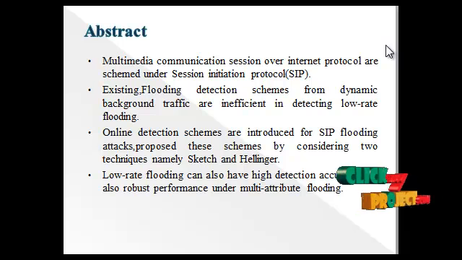Our three-dimensional design offers the benefits of high detection accuracy, even for low-rate flooding, robust performance under multi-attribute flooding, and the capacity of selectively discarding SIP messages to prevent the attacks from bringing damage to the network. We design a scheme to control the distribution of normal traffic over the sketch.